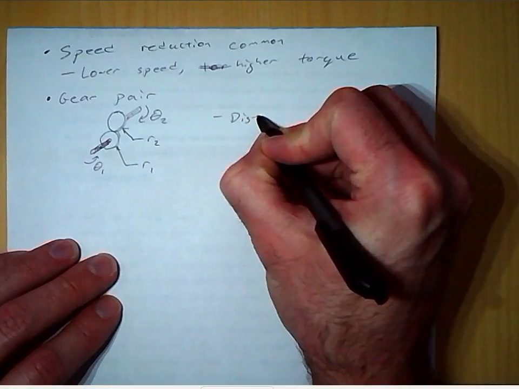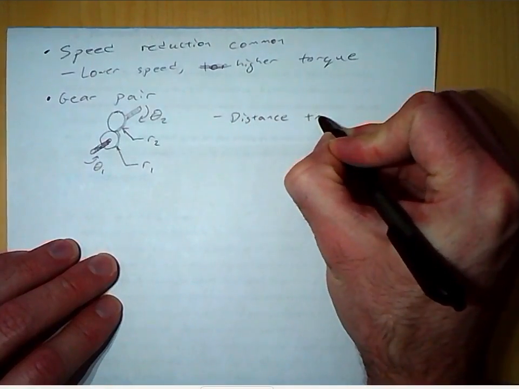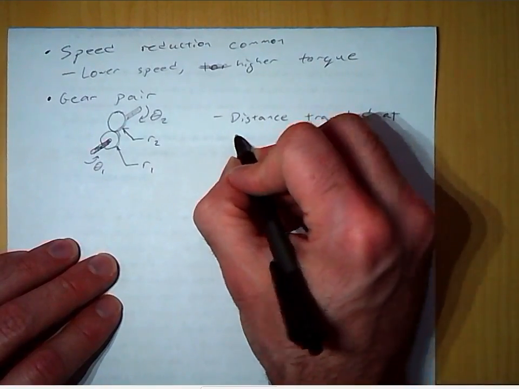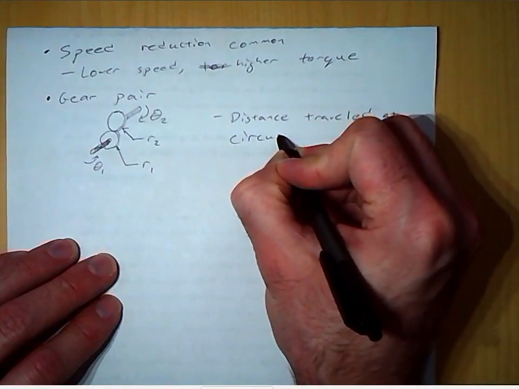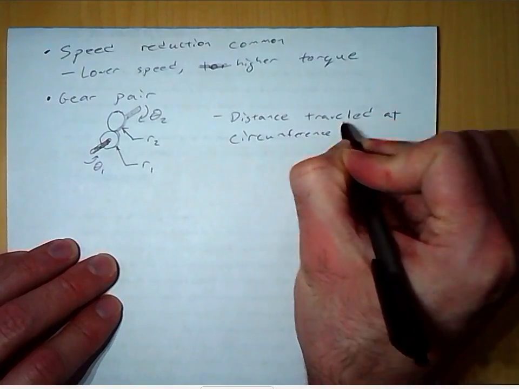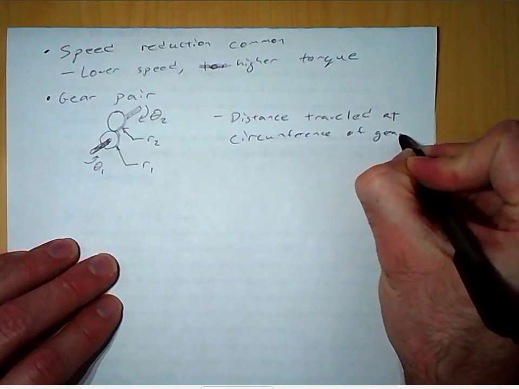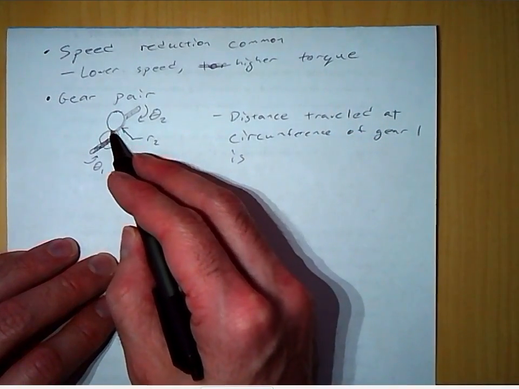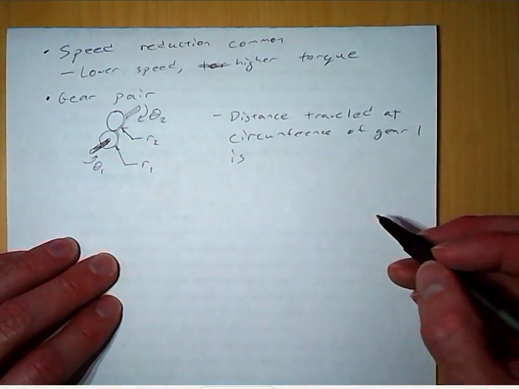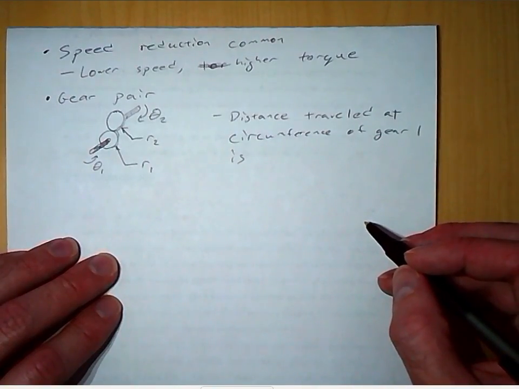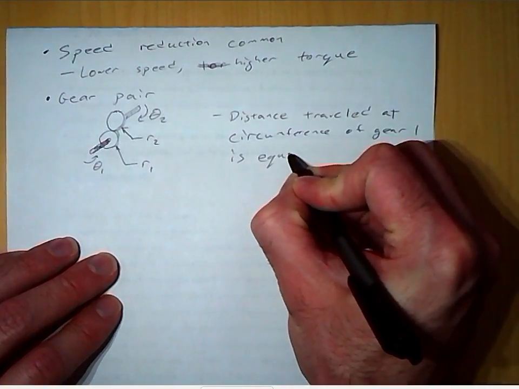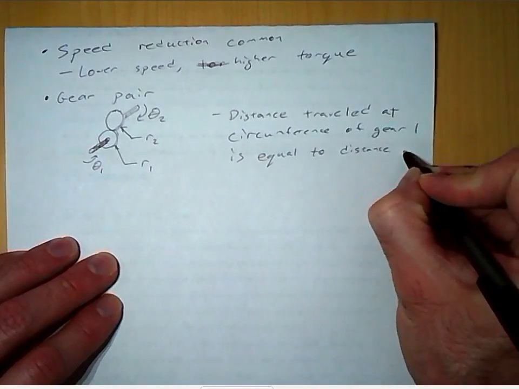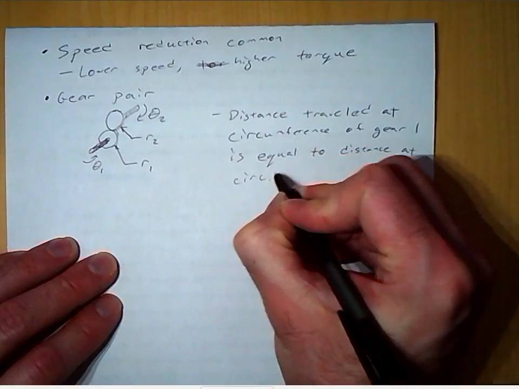One thing that we know about the two gears, since they mesh together, is that the distance traveled at the circumference of gear 1 is equal to the distance traveled at the circumference of gear 2.